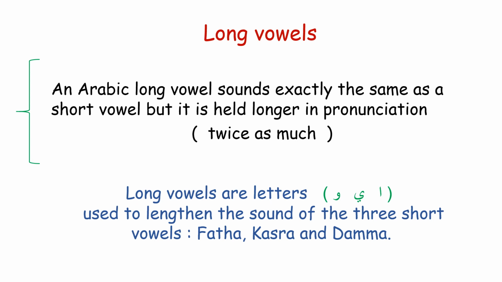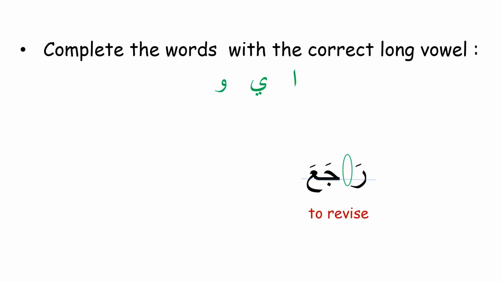So, let's get back to our words. If you listen carefully to the first one, راجع, you will notice that the elongation is in the letter ra. This letter is in conjunction with the fatha, and since fatha is always associated with alif, the long vowel we should be adding is alif.